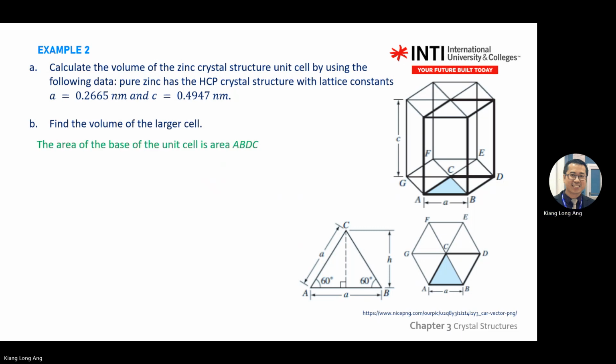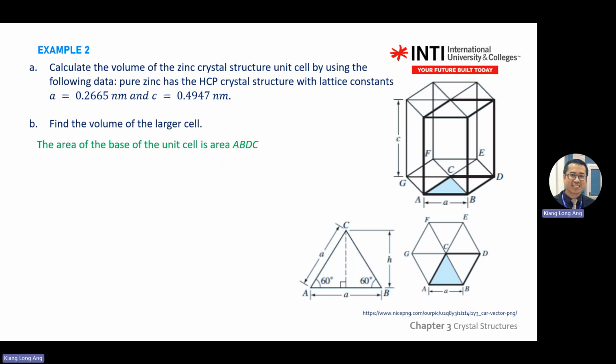Okay, so you continue. The area of the base of the unit cell is ABCD. You're able to find the area of this triangle multiplied by 2. How do you find the area of this one? Half base multiplied by h, right? How to find the area of a triangle?